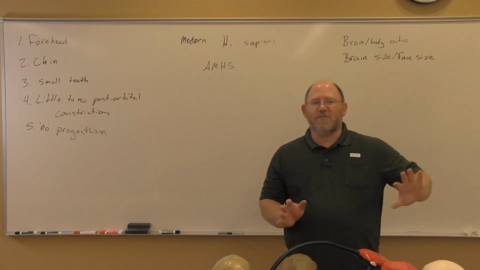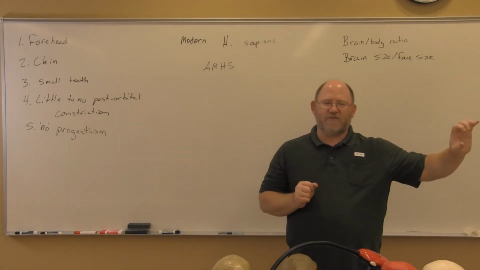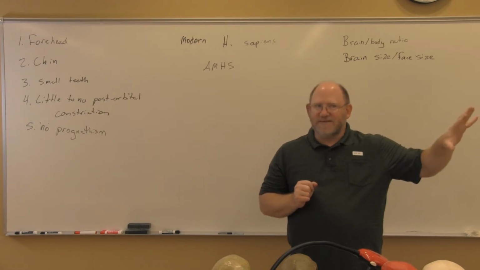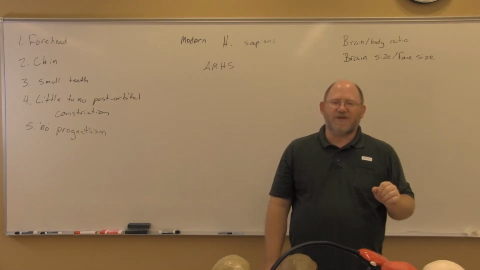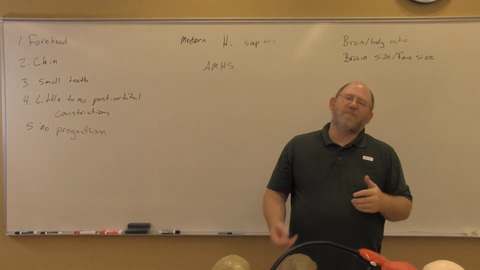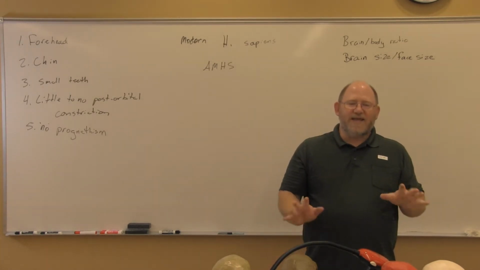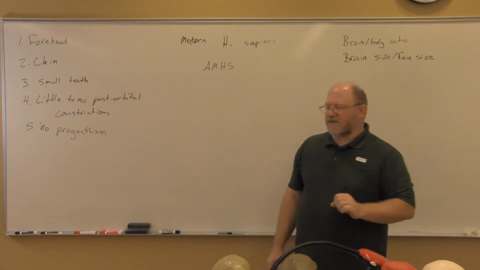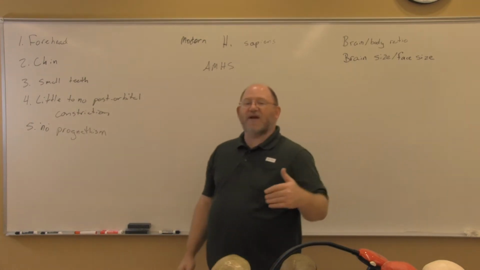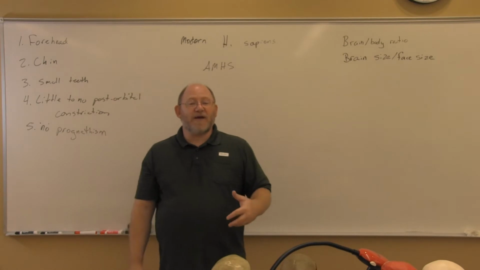The timing is debated, maybe pushed as much as 250. I've seen some things in print as much as 300, maybe 150. So we'll keep it easy. 250,000 years ago, appearance of anatomically moderns in Africa.